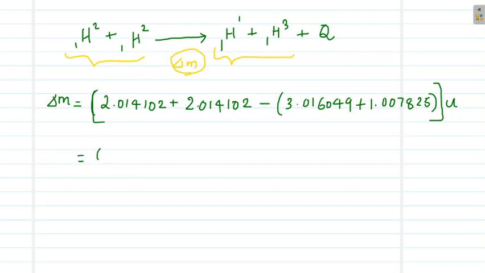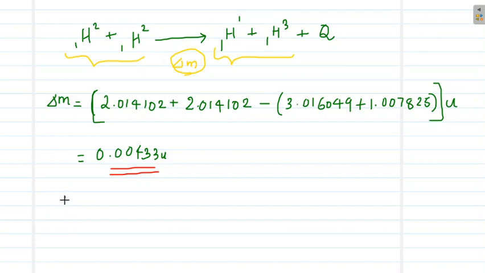If you simplify this, it will be equal to 0.00433 u. So when two deuterium nuclei combine to form a proton and a tritium, the mass that is getting lost is equal to 0.00433 amu.